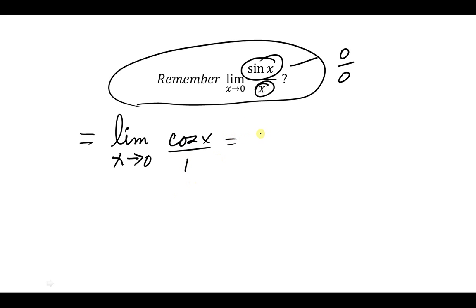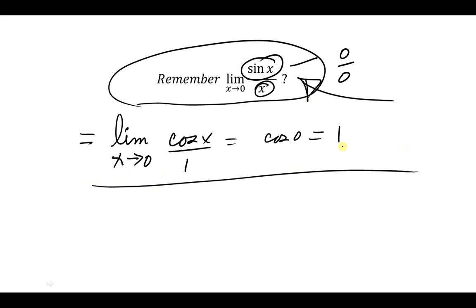Notice this is cosine of 0, which is equal to 1. Of course we already knew that this limit was going to be 1, but this turns out to be a very easy way of doing it in many, many cases.